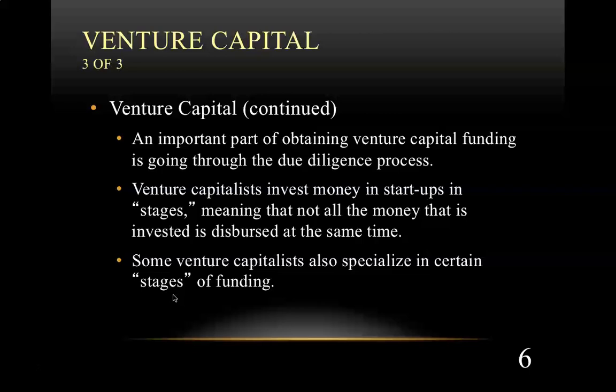Venture capitalists invest money in startups in stages, meaning that not all the money that is invested is dispersed at the same time. All that means is, you might get 100 million in funding, but you're not going to get that 100 million up front. You're going to get 1 million to get you to this phase, and then the next phase they're going to release another 10 million, etc. So again, it's the way that they protect themselves, but you should have an idea of a growth plan as well.